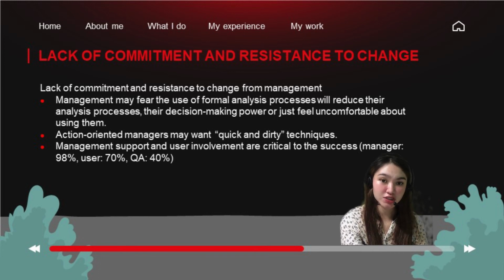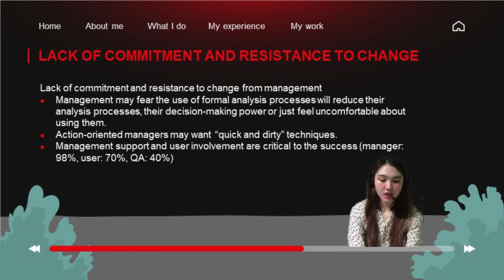Some managers, on the other hand, are concerned that using a formal analysis process will limit their ability to make decisions. Others are concerned that it will reveal the inadequacy of certain past intuitive judgments. Others are simply uncomfortable with having to change their thought processes in order to make official decisions. These executives frequently oppose the use of quantitative tools.